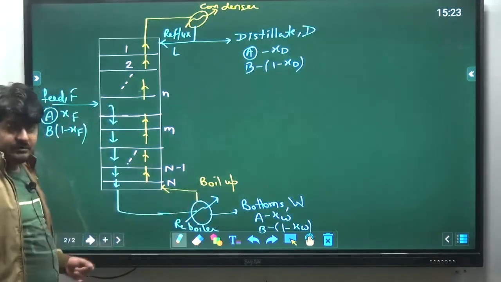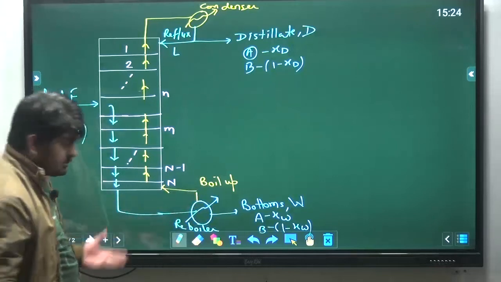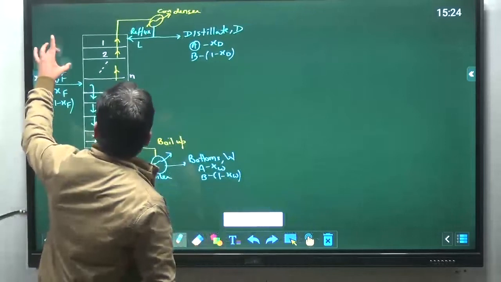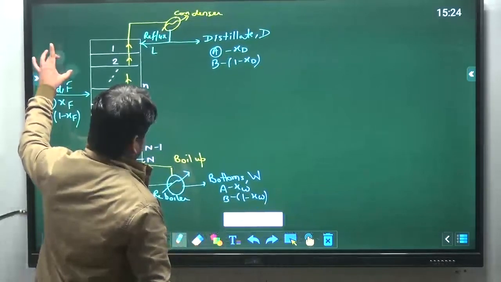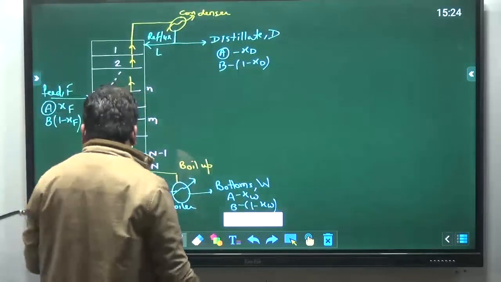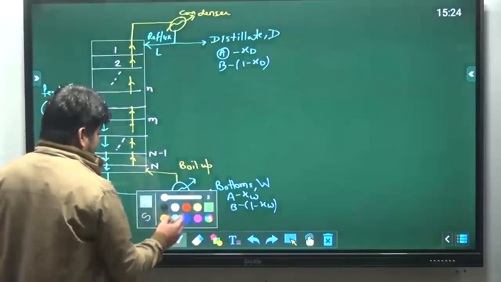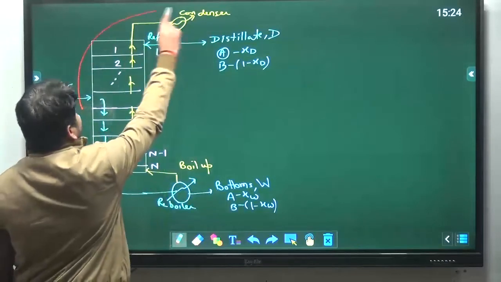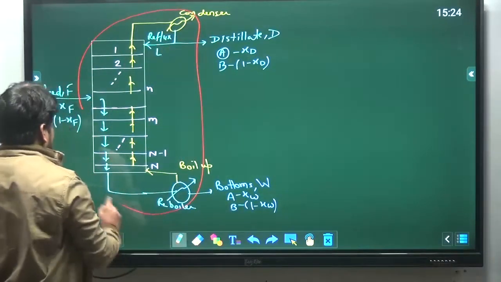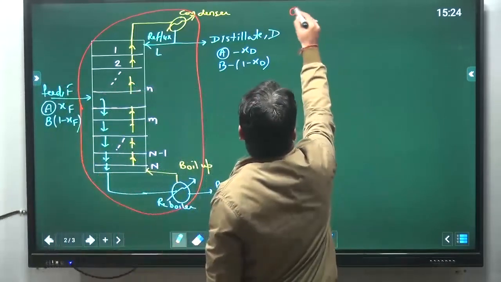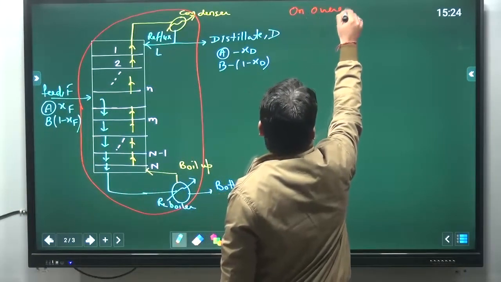So as we want to do the material balance here, you can do material balance in different ways. First, you can do it for the overall system, the overall loop.